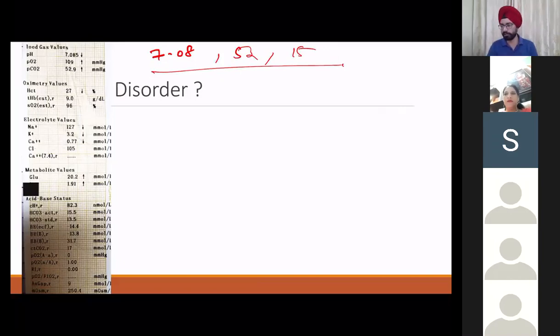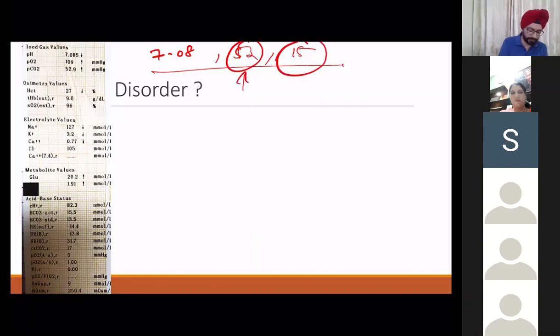I tried the voice thing, it's not working well. What is the disorder? Anyone? So pH is falling, PCO2 is increasing, so obviously there's a respiratory acidosis, and bicarbonate is falling, so there's a metabolic acidosis also. Both are in the opposite direction. It has to be a mixed disorder.